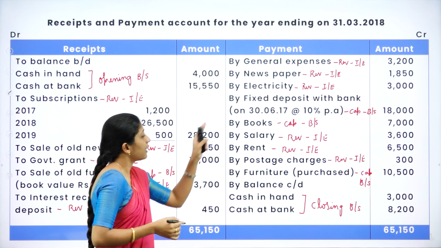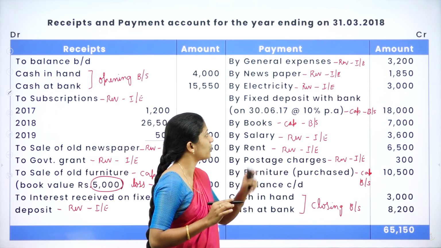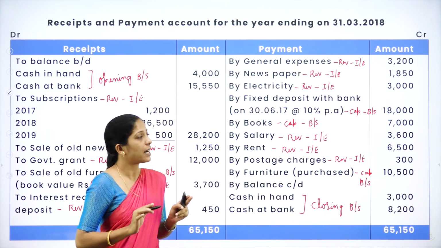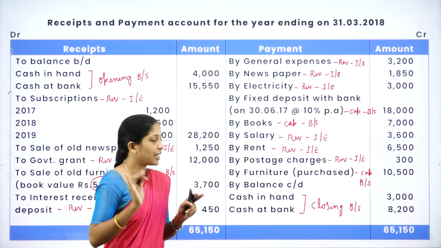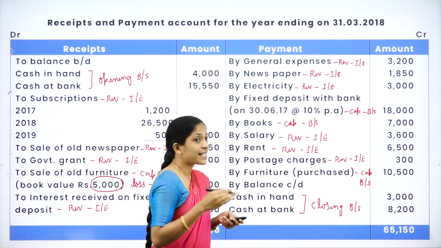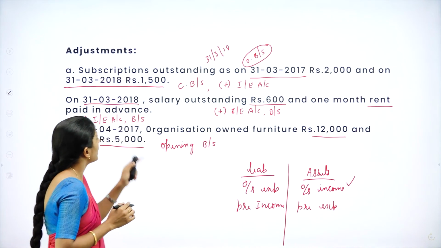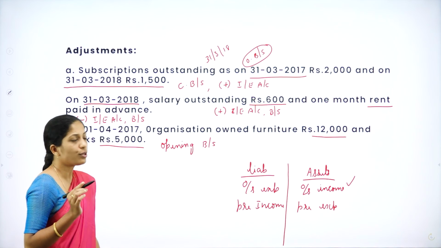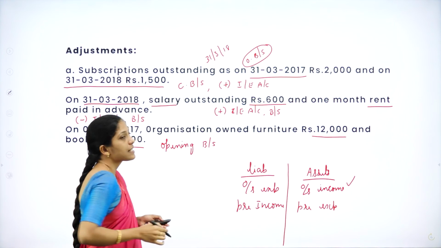And the next item is fixed deposit. Since it is a capital item, we are not going to record it under the income and expenditure account. Next, books is also a capital item which comes under the balance sheet. Salary. Salary is a revenue item, 3,600. Now we shall see whether there are any adjustments relating to salary. Yes, there is an adjustment, that is salary outstanding rupees 600.